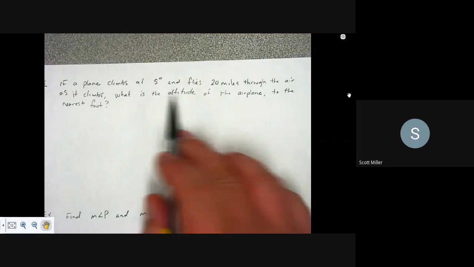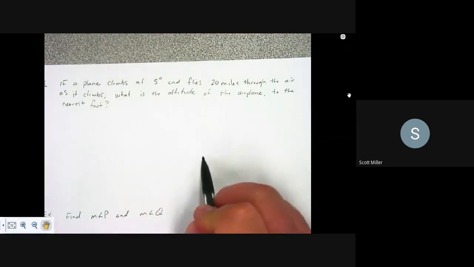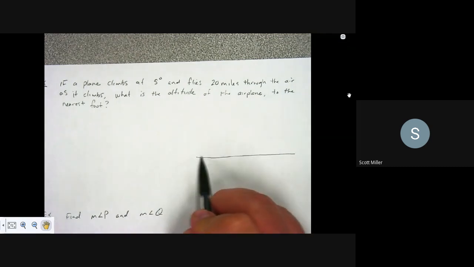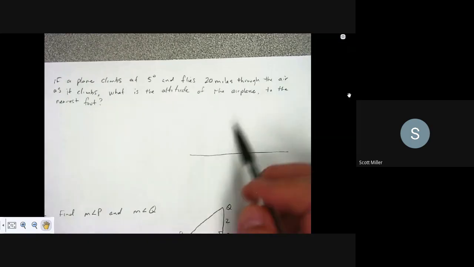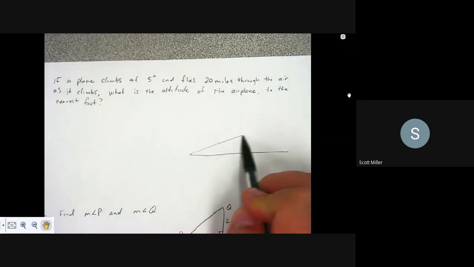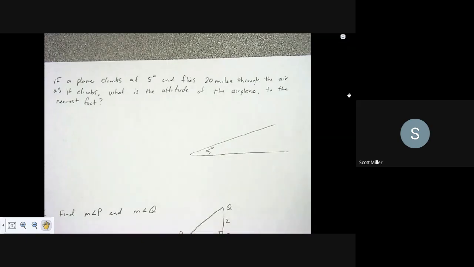For example, if a plane is going to take off from the airport, it started on the ground, so you need to draw the ground. The plane is going in one direction. You can draw a plane if you want, but you don't need to. It just adds clutter. And it starts climbing at a 5-degree angle. That means this is 5 degrees. And it keeps on going.